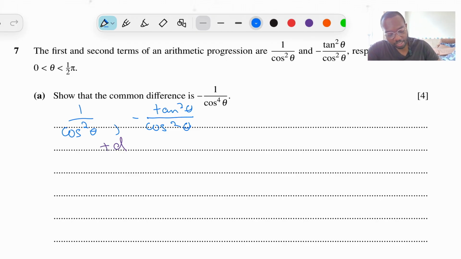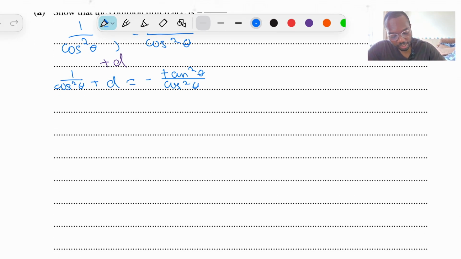So effectively, it's 1 over a cos squared theta plus d is equal to a minus tan squared theta over a cos squared theta, which therefore means that d is equal to a minus tan squared theta over cos squared theta, and that's minus a 1 over a cos squared theta.